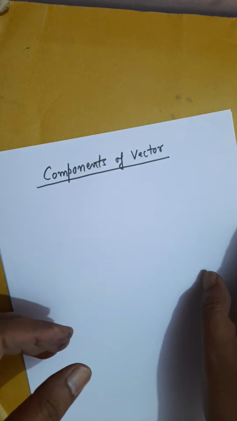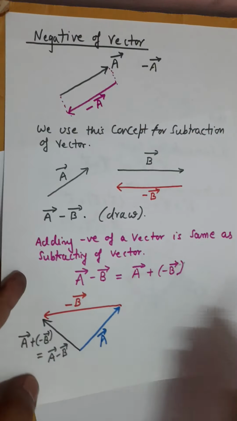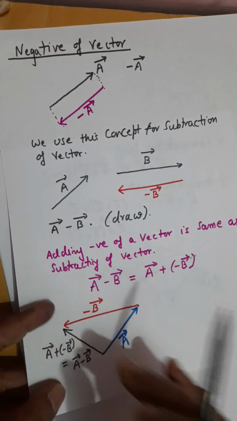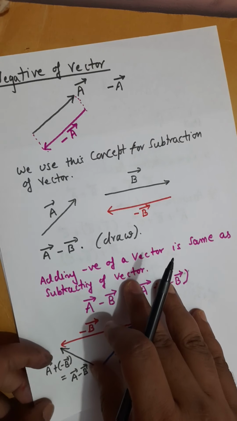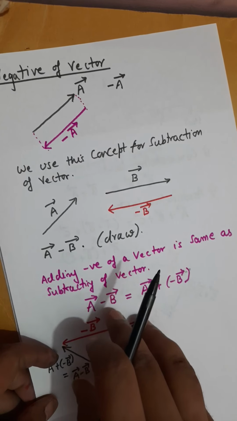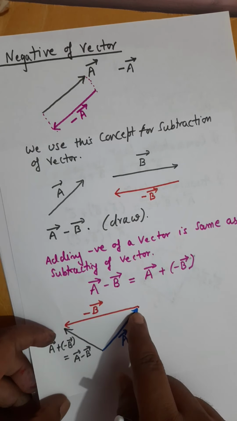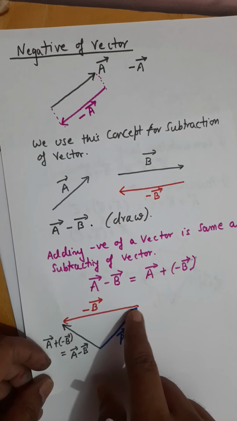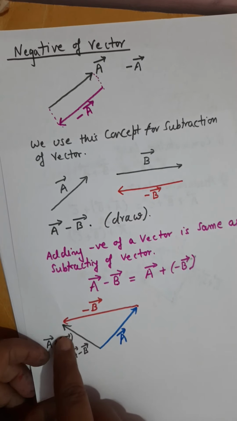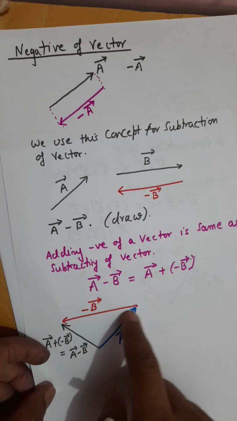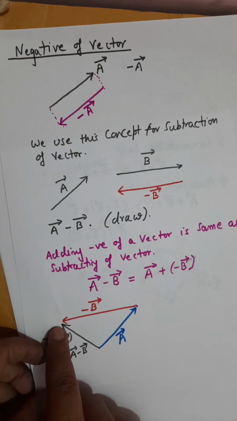Well, we learned how to add or subtract vectors. But it was a geometrical method. Every time you need to draw some arrow, you need to draw another arrow. That means it was completely a mathematical geometry problem.